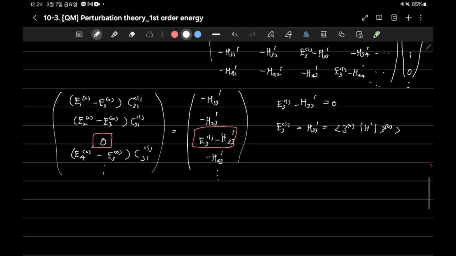When we calculate like this, we can generalize: the energy eigenvalue for the first order is Hn prime, which is H prime in the basis of n0.